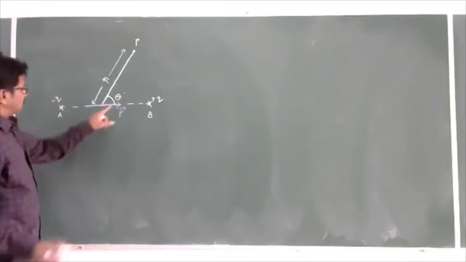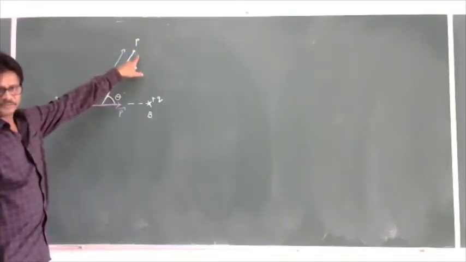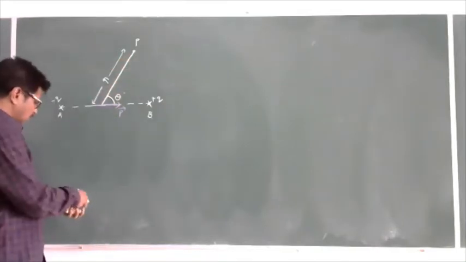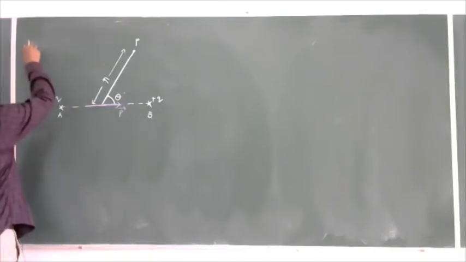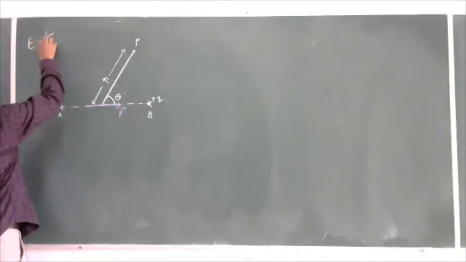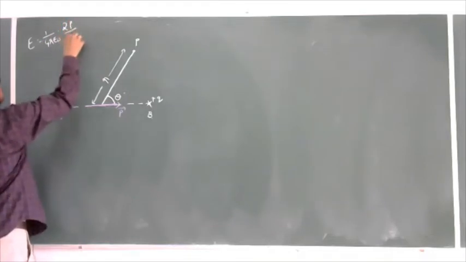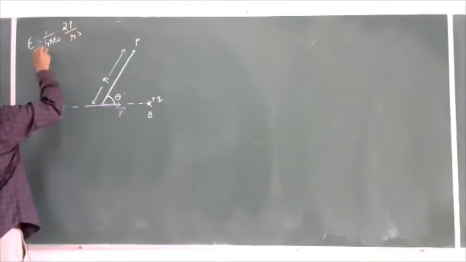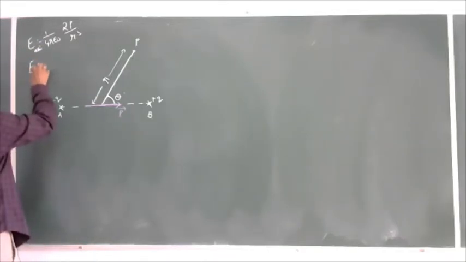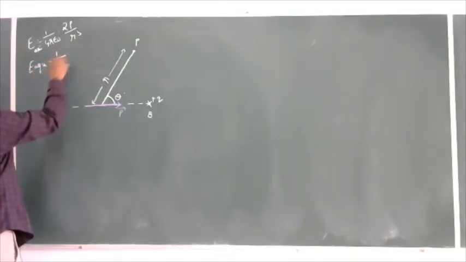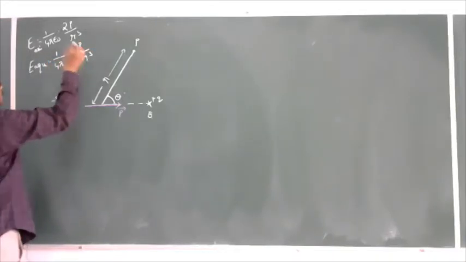Now, because of the dipole moment only, there will be an electric intensity here. In all the formulas we derived, the electric intensity is 1 by 4 pi epsilon naught 2p by r cube on the axial line, and on the equatorial line, 1 by 4 pi epsilon naught p by r cube.